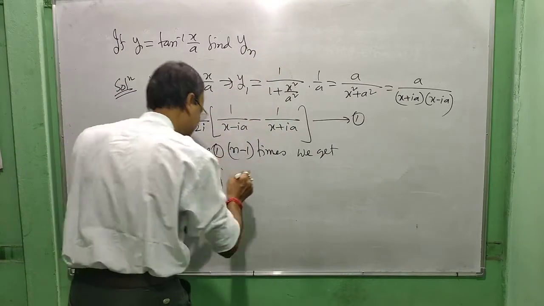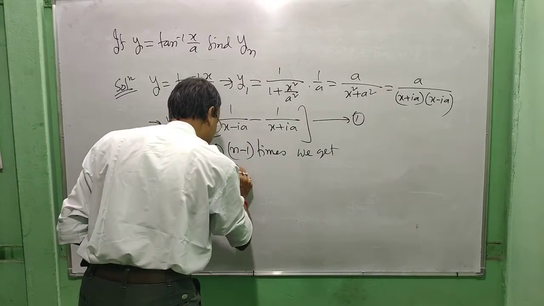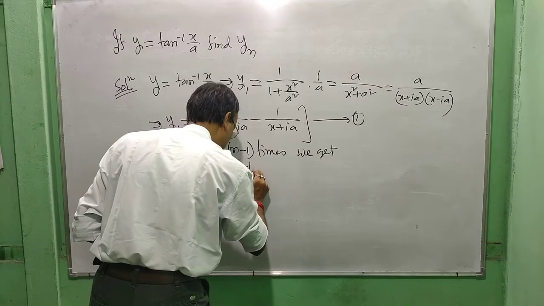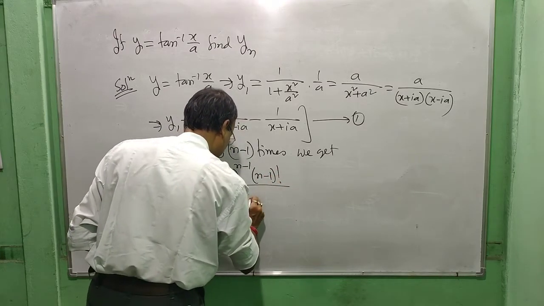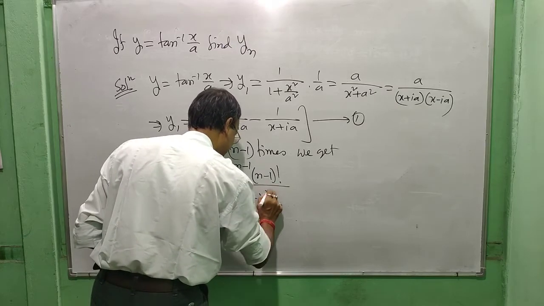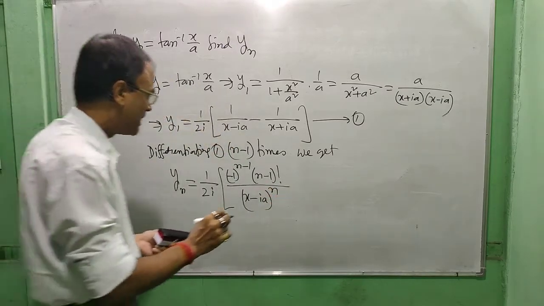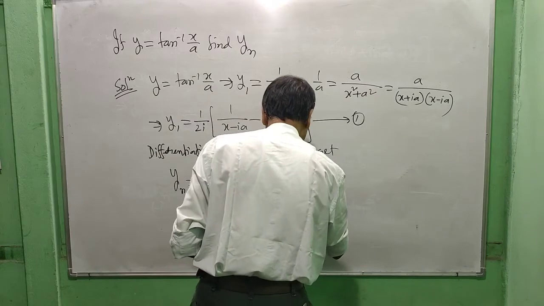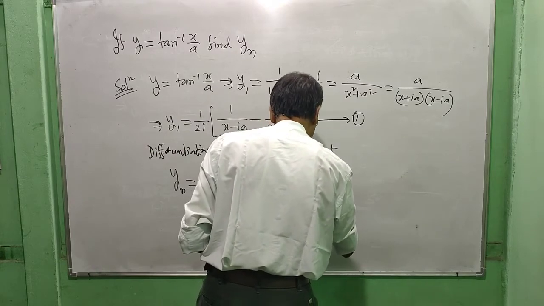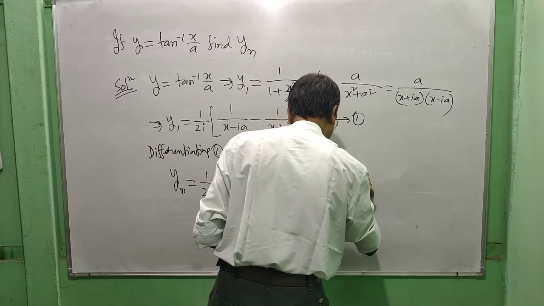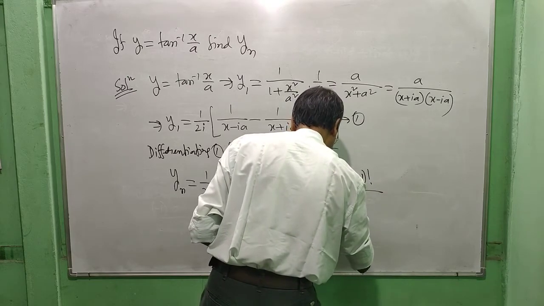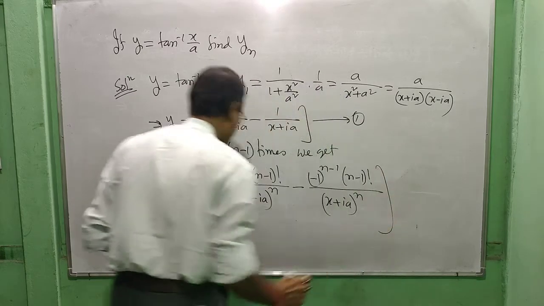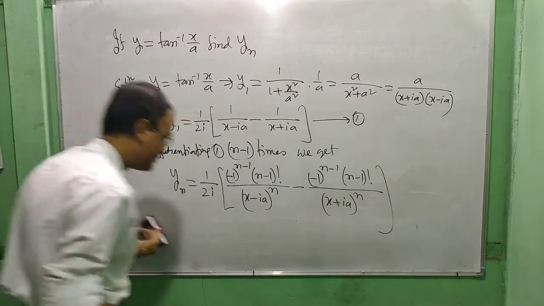If you differentiate it n minus 1 times, you will get (-1)^(n-1) factorial n minus 1 divided by (x minus ia)^n minus (-1)^(n-1) factorial n minus 1 divided by (x plus ia)^n. You will get this.